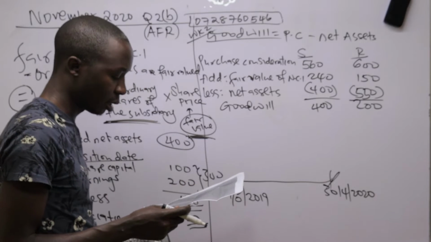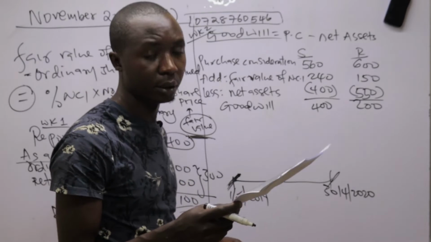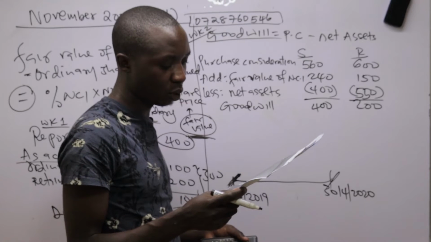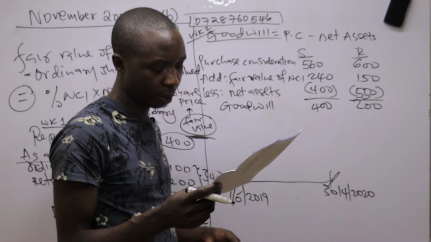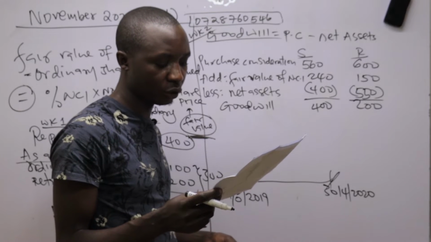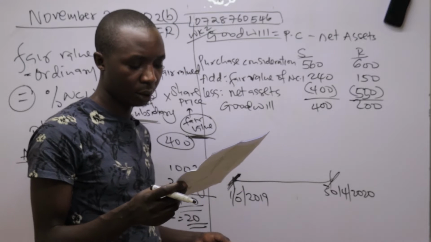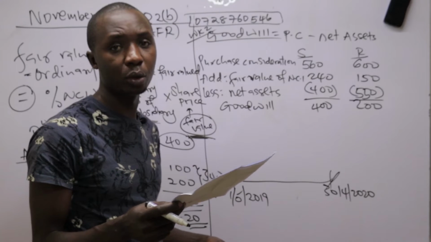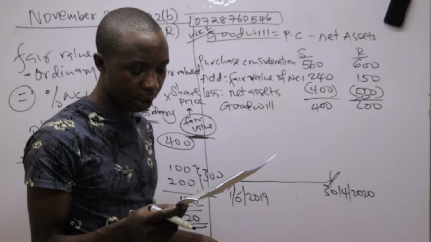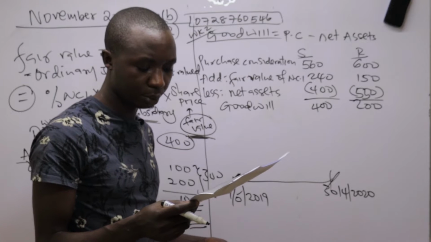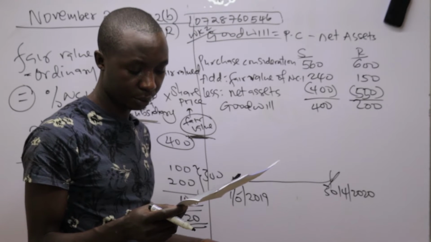There's a sentence there. No, there's note 5. If you go to note 5 of the same question, even if I have skipped reading note 3 and note 4, which I will embark on later. So let's read note 5. Goodwill arising on acquisition has been tested for impairment annually.